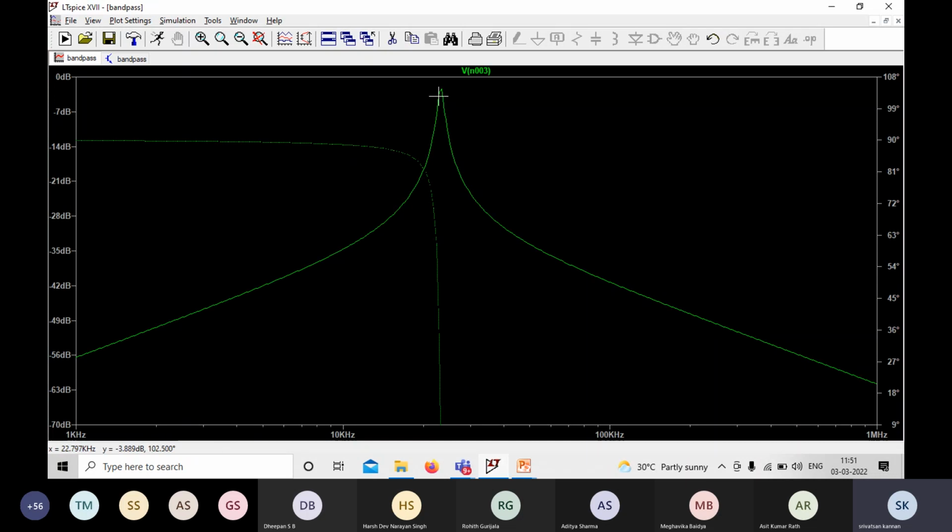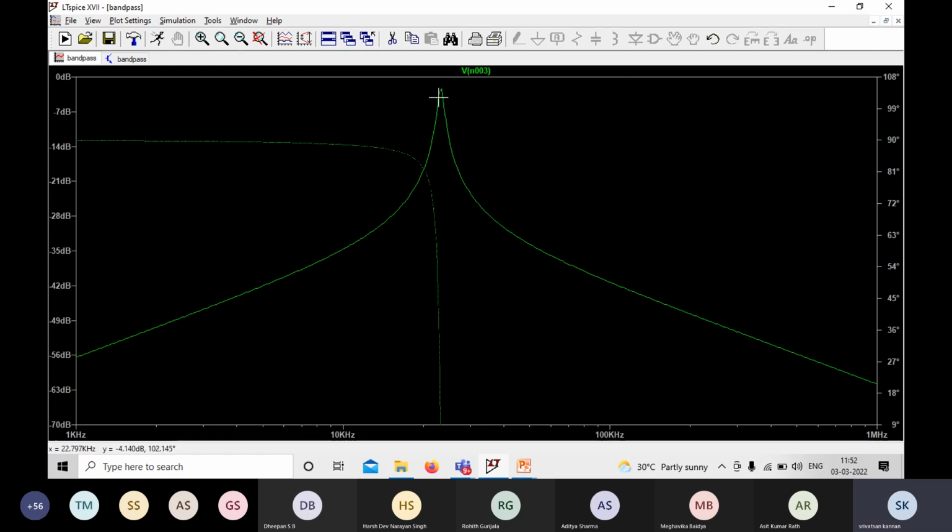The same thing can be found in the graph. So the resonant frequency is approximately 23.2, and the maximum gain is minus 2.2. So what is minus 3 dB? Minus 2.2 minus 3, how much? Minus 5.2, right?